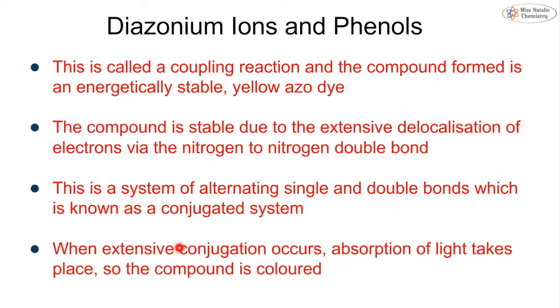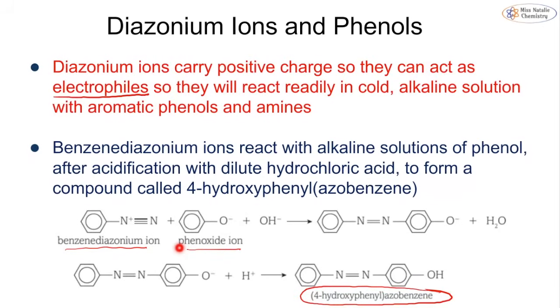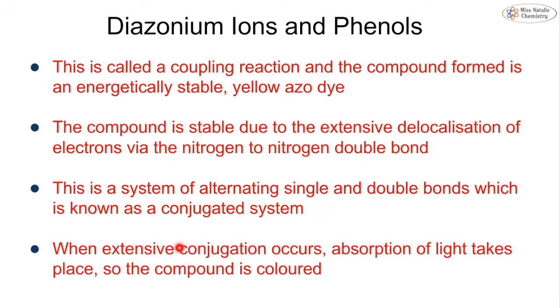Now, we call this a coupling reaction, and the compound that we form, this compound here, is what's known as an azo dye, and it is very energetically stable. It has a yellow colour, and as I said, it is called an azo dye.